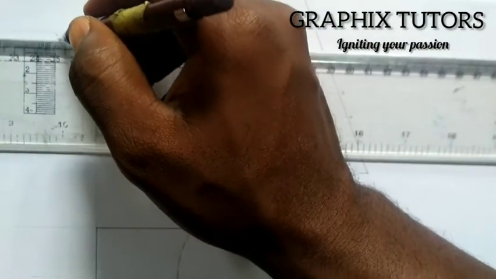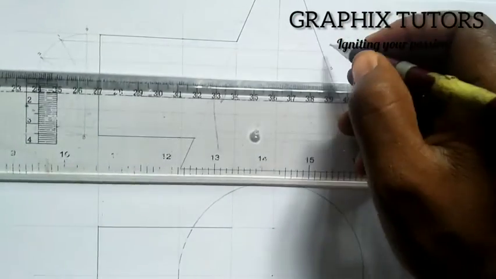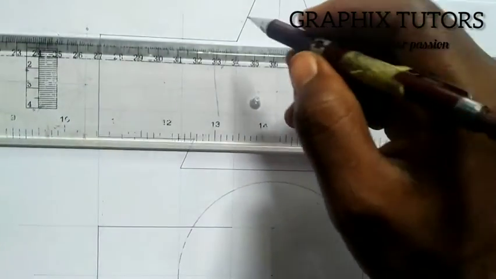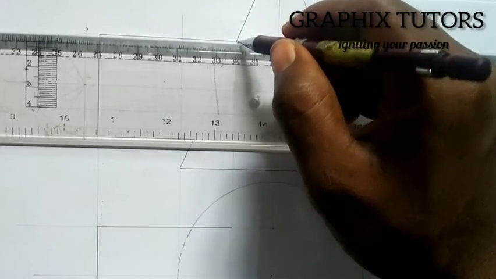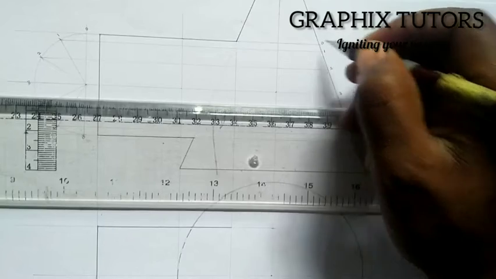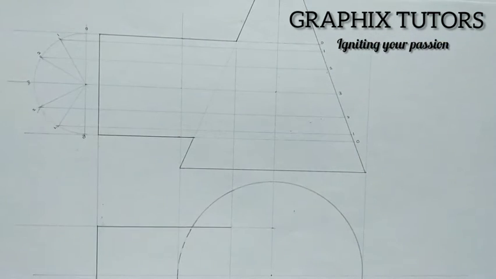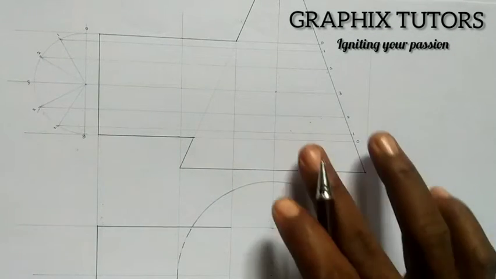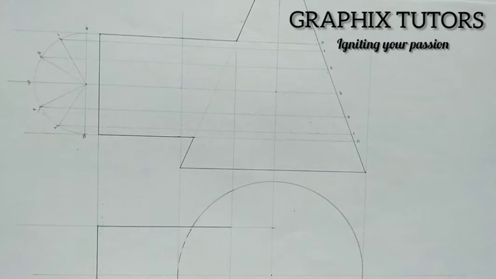Then the next one is 1, I'll project it, that will be 1, and this will be the next one. I'll project it, and that will be 0. All good. So what I've done here, I'll come and do for this also. Let's do one at a time.